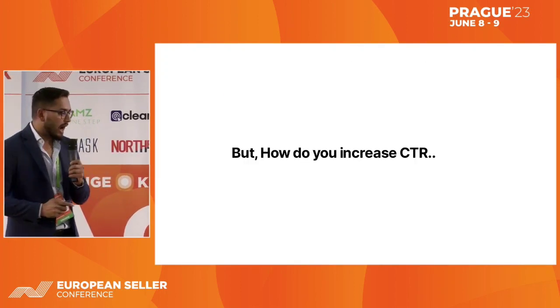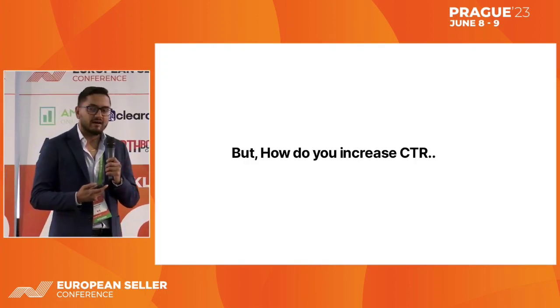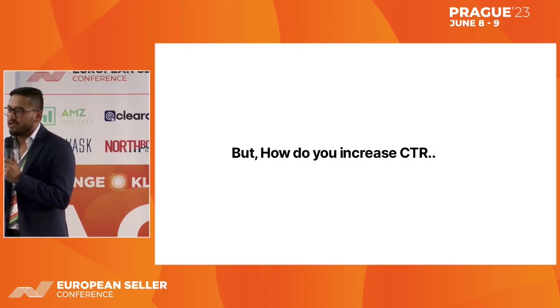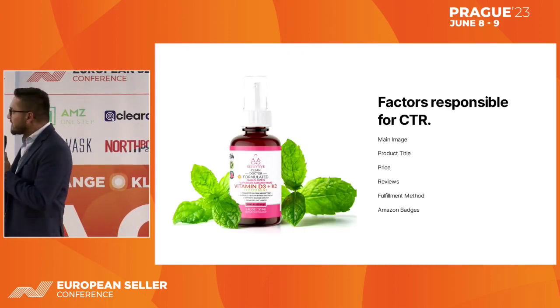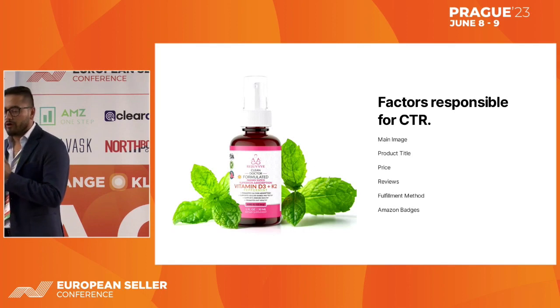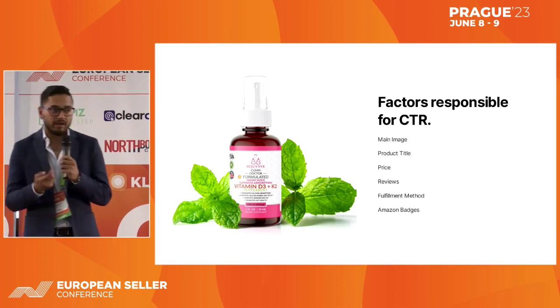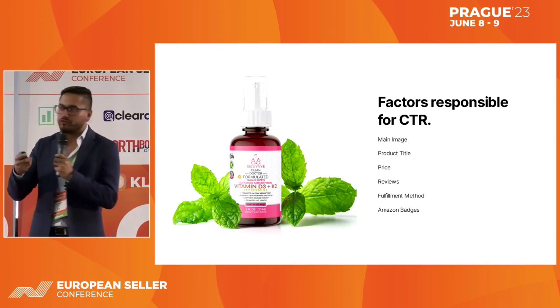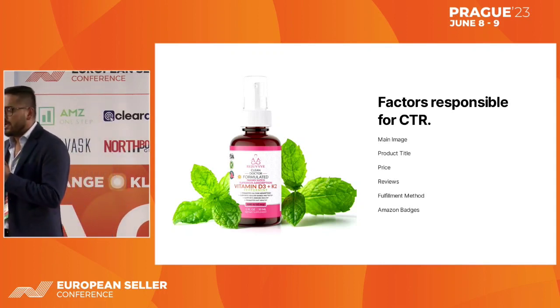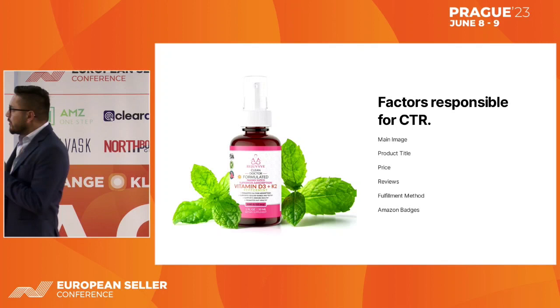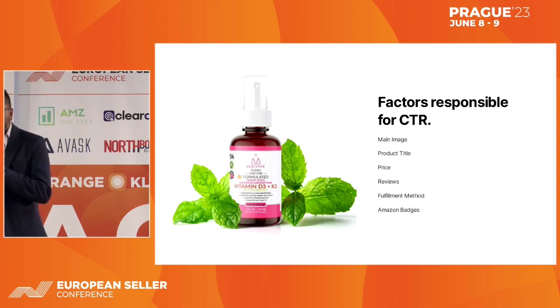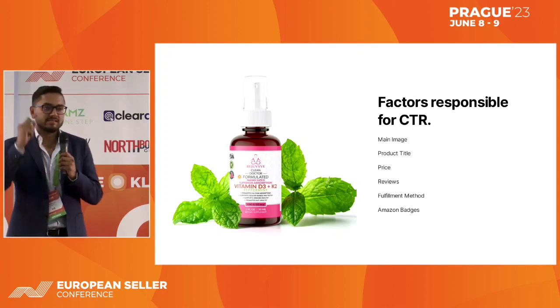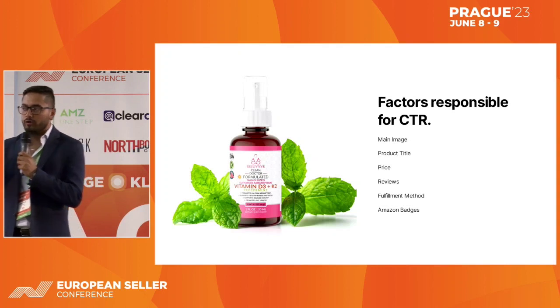But how do you actually increase the CTR? That is the biggest question here. There are 6 different factors responsible for your CTR. Number one is your main image. Number two, it's your product title, price, reviews, Amazon badges, and the fulfillment. You don't really control most of them. The only things you can control as an Amazon seller are your main image and your product title.